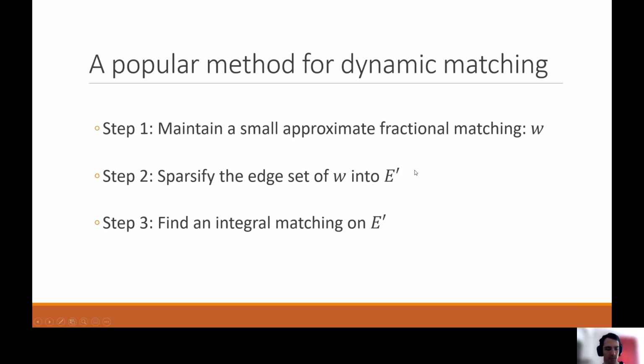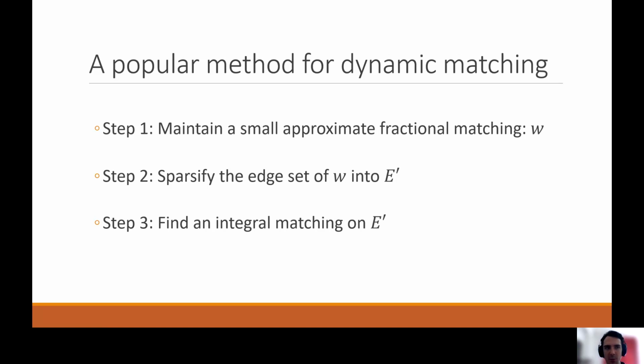Okay, so just to show why our result is important, or why we're focusing on it, we will explain a very popular way to design dynamic matching algorithms. They usually consist of 3 steps. In step 1, we maintain a fractional matching instead of an integral matching on a graph.